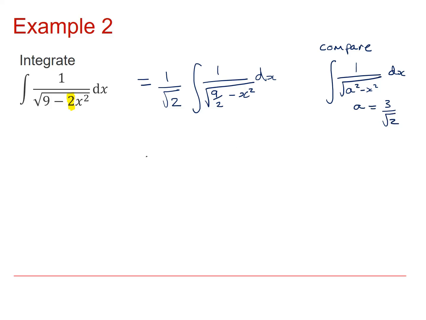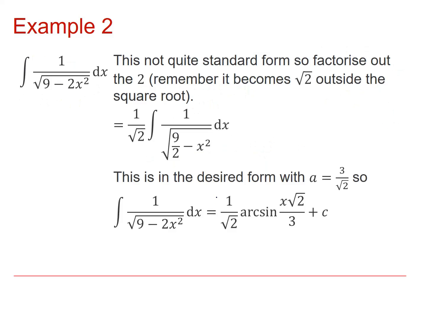And so my integral becomes 1 over root 2, that's copying through from here, and then I can quote the result here, which is the inverse sine, arcsin x over a, so it's x root 2 over 3, and that's plus a constant. And again, there it is tidied up.